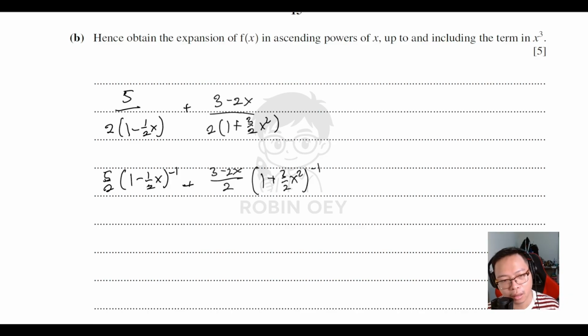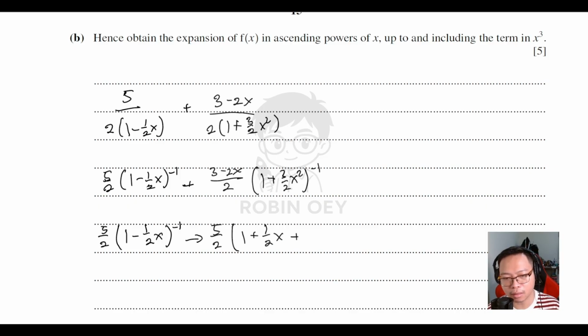Now let's do one by one. For the first part, 5 over 2 times (1 minus half x) to the power of negative 1, it will become 5 over 2 times the expansion. The first term is always 1. The second term is n times x, which is negative 1 times negative half x, so that would be plus half x.